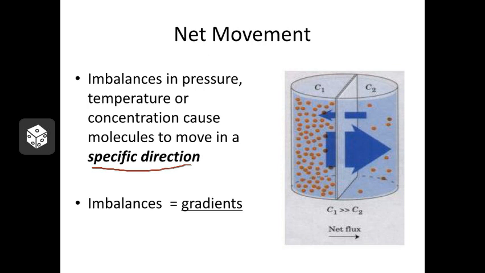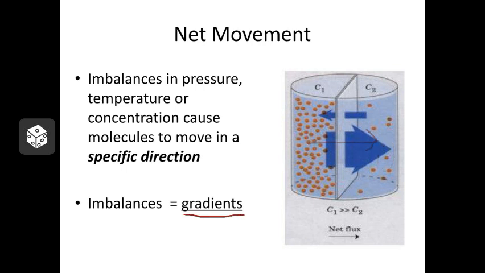What kind of an imbalance am I talking about here? Well, here, for instance, we have an imbalance in concentration. We have a high concentration of these molecules on one side of this barrier and a low concentration on the other side. So that makes the molecules want to move from high to low. There's some difference that's making it move in a direction. When we have a difference in concentration or in pressure in two different areas, we say that a gradient exists.